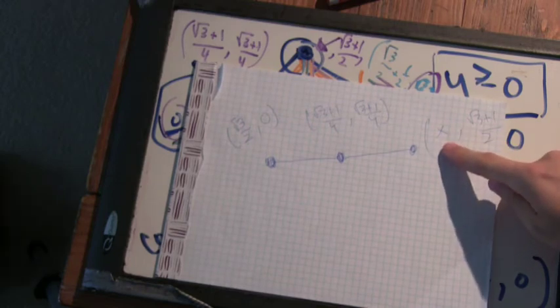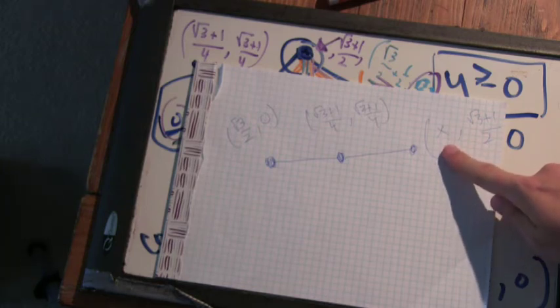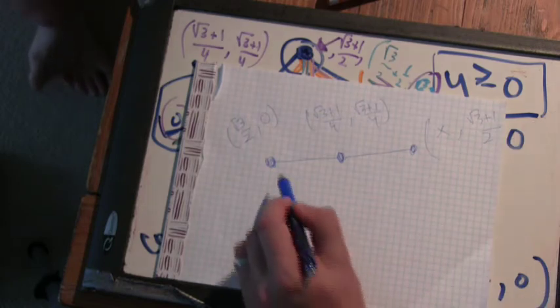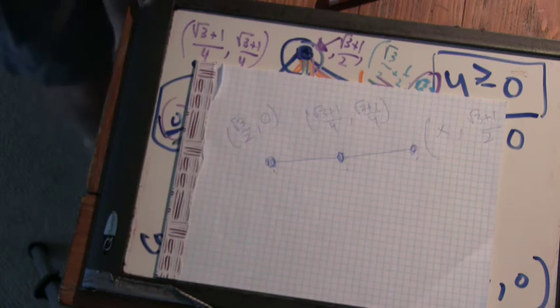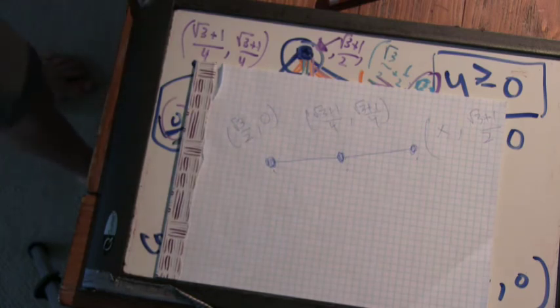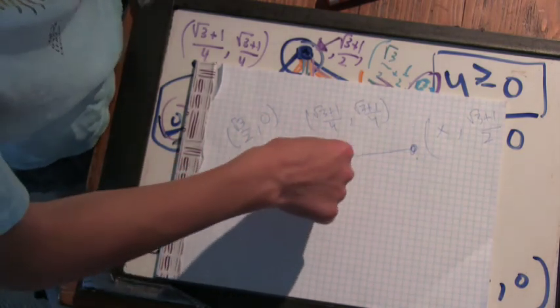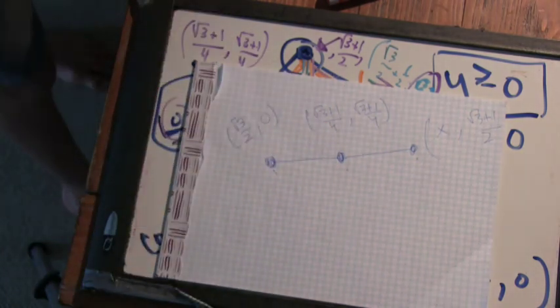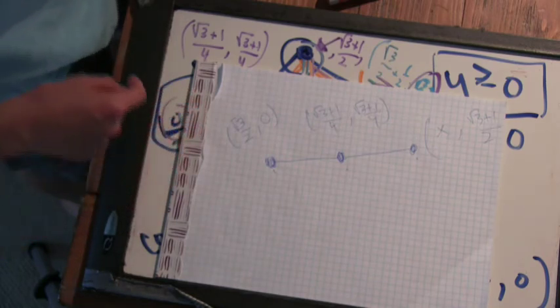Or what procedure can I follow that's going to help me know this x value? Well, what's the relationship involving those 3 points? This is the center. This is the midpoint. Right, and that means what? This is going to be the relationship in the x values.